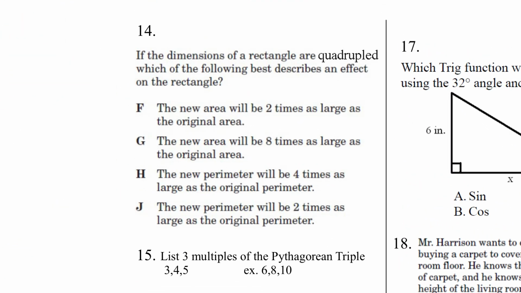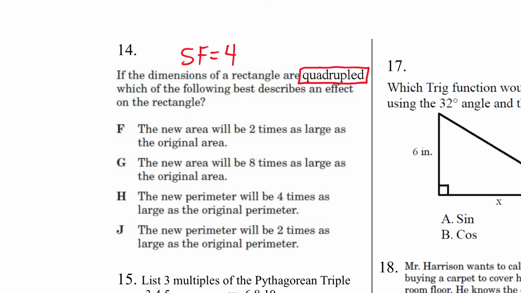All right, next page, number 14. If the dimensions are quadruple, what do you do when you quadruple something? Times 4. Yeah, times 4. So that says that the scale factor is 4. So what that means is that the perimeter is going to be 4 times also.